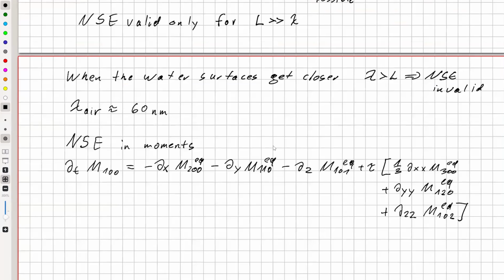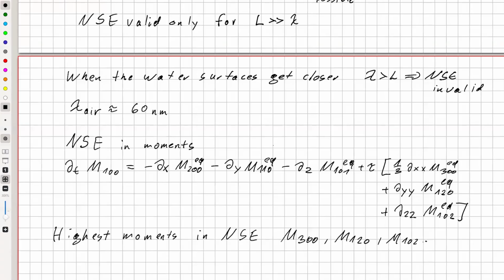So now from the analysis that we did yesterday, we concluded that the highest moments in the Navier-Stokes equation that we need are M300, M120, M102, and of course the permutations thereof. So the things that are third order.